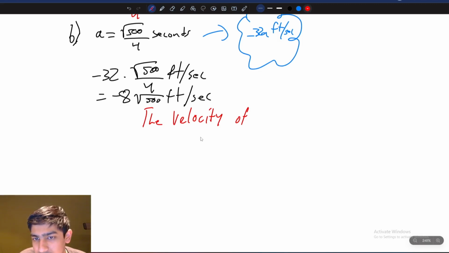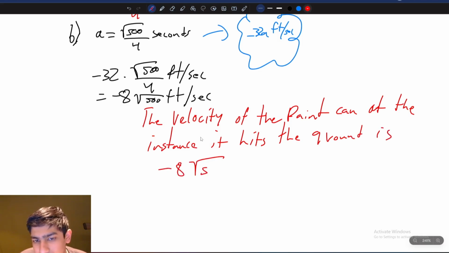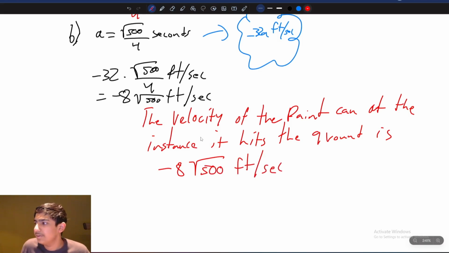The velocity of the paint can at the instant it hits the ground is negative 8 square root of 500 feet per second. And so that's our answer.